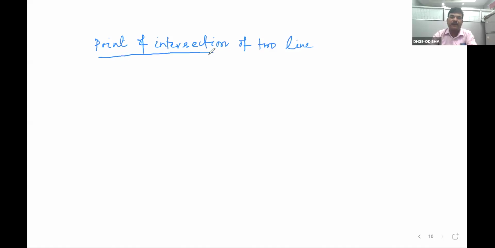Then come to point of intersection of two lines. There is no direct formula for the point of intersection like 2D geometry, but there is a method how to find the coordinates of point of intersection of two lines.